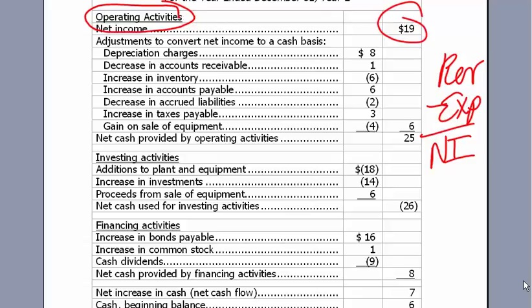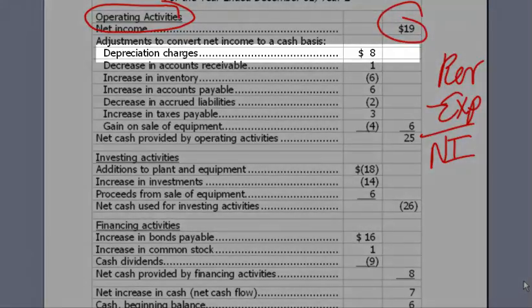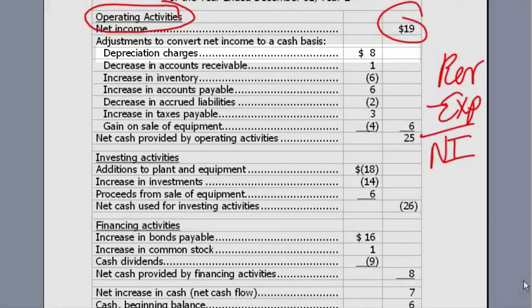The first rule is that you add back depreciation. Because you had declared depreciation to be an expense, there's no check written for depreciation. So the way you can reverse the effect on net income is to add that $8 back in.